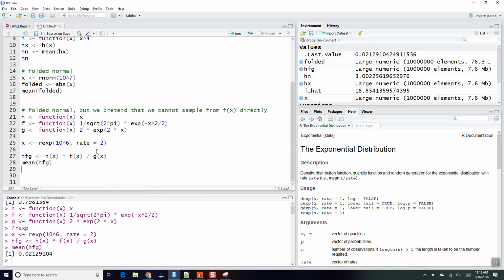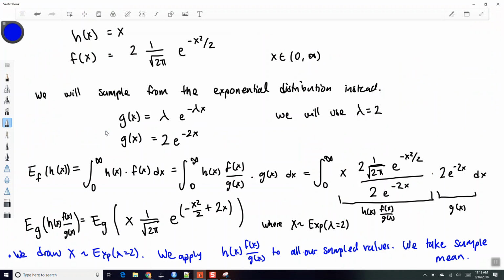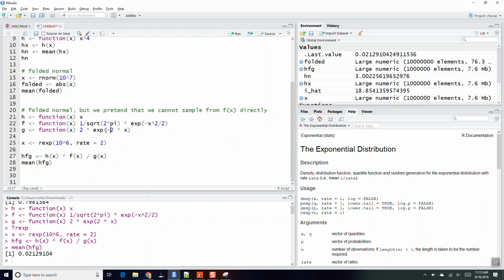Oh, that's not correct. Did I do something wrong here? E to the negative x. What's that? Oh, this is negative, right? Lambda e to the, yeah, okay.